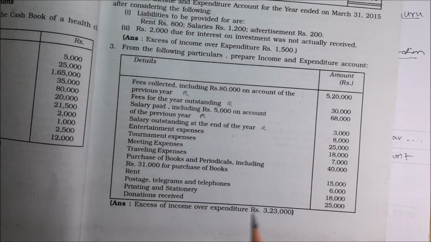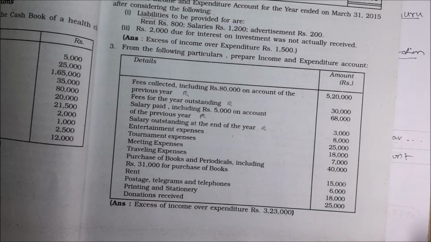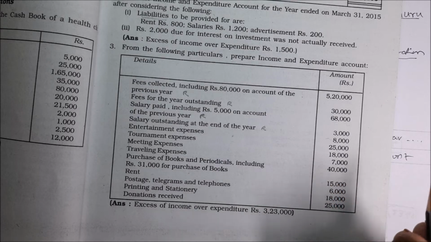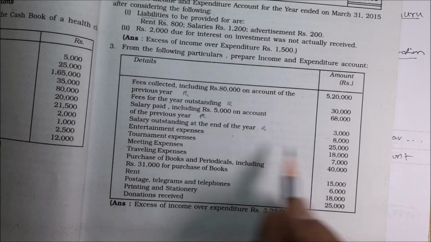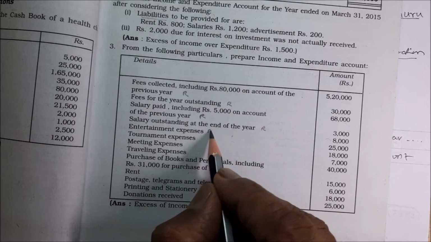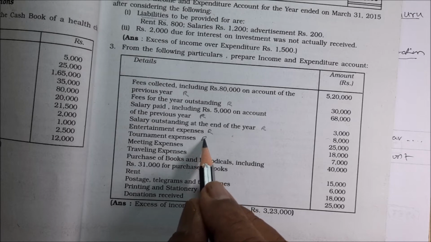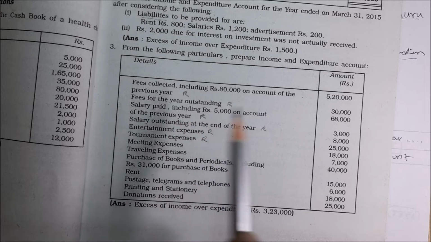Entertainment expenses. Always it will be there in schools and colleges. Entertainment means you will have various functions, and for the programs you pay an amount, which is regular revenue. Tournament expenses. Always tournaments will be conducted in schools and colleges. You may ask, sir, how do you assume it is a school?